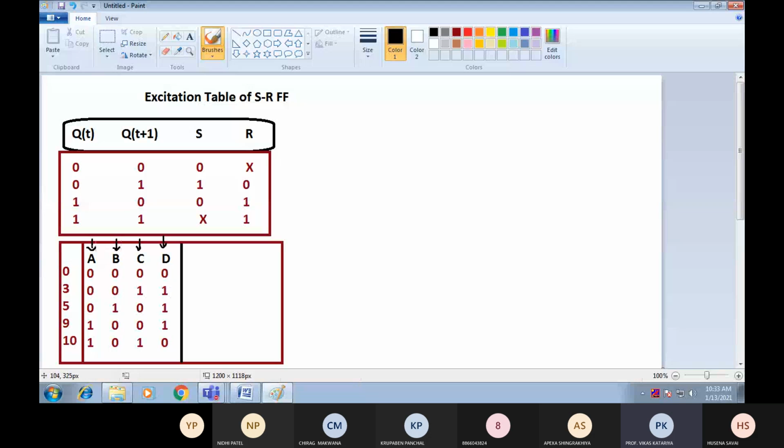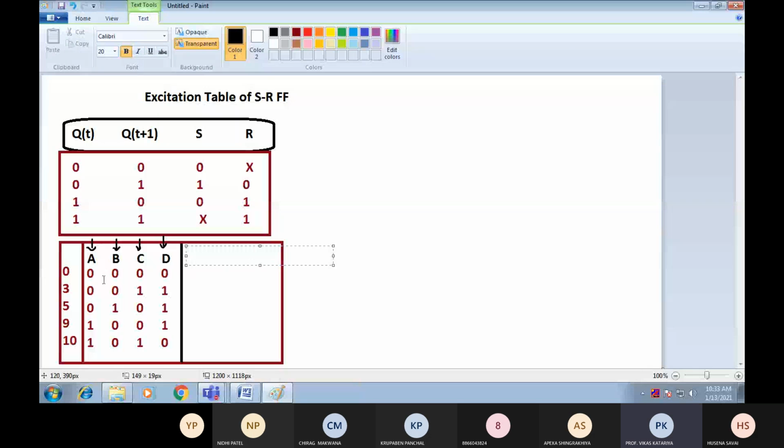Now, for every input, we have to design the values of SR flip-flop. So let's do one by one. For input A, we are preparing the flip-flop S and R values.